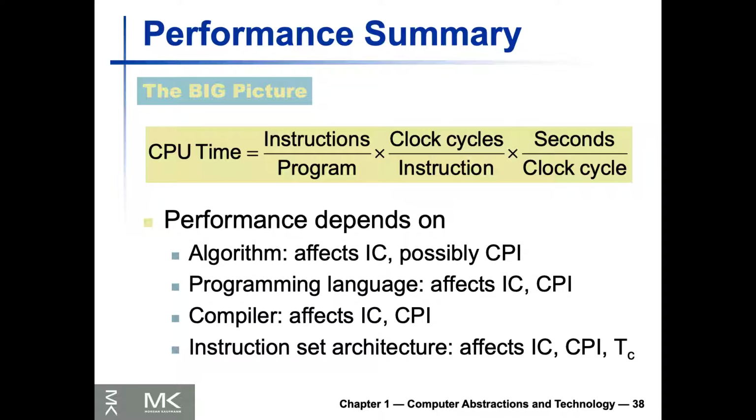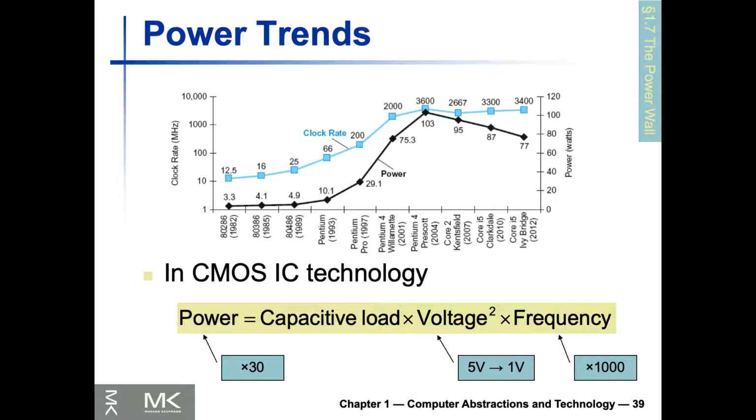And power trends are showing us that we are actually lowering the power because we can't afford to have higher performant chips within the same area that they take in order to perform that.